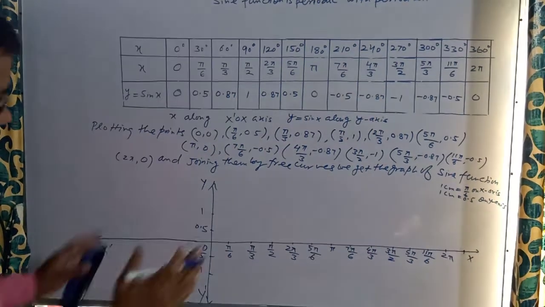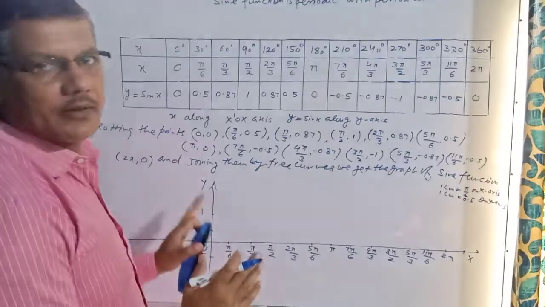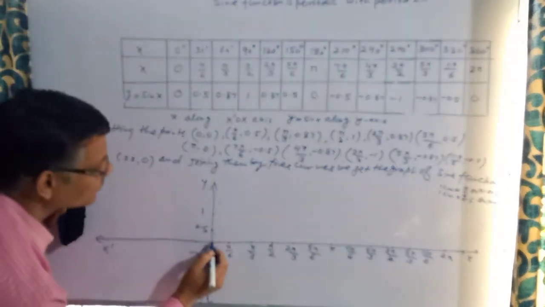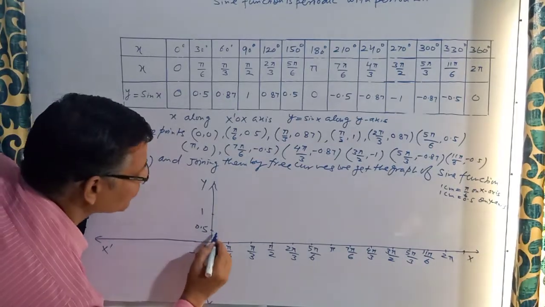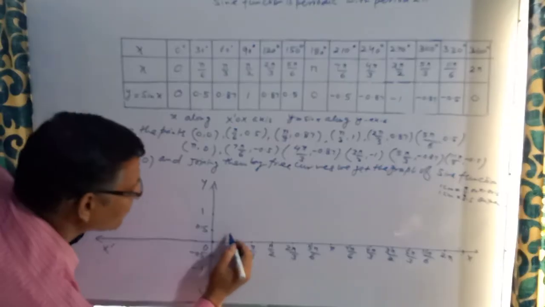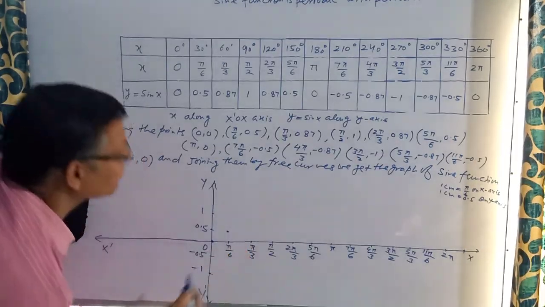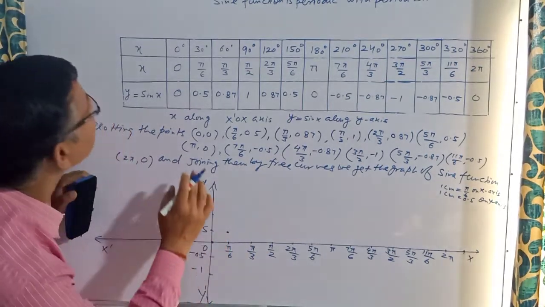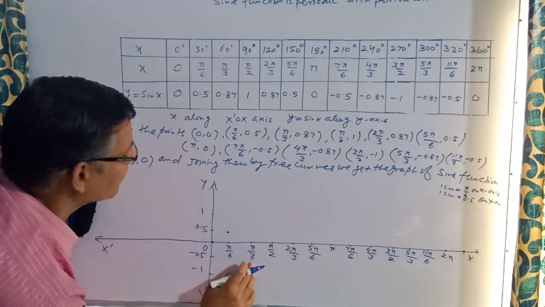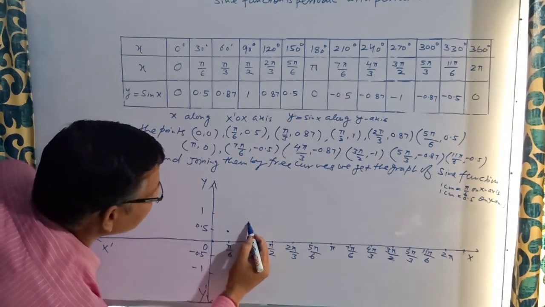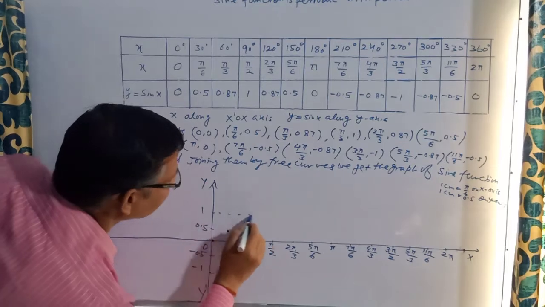This is your paper. Now what about the first point? 0, 0, so just take it. Second one is pi by 6, 0.5. Then pi by 3, that is 0.87, so actually it is about 0.8, and make it like this.